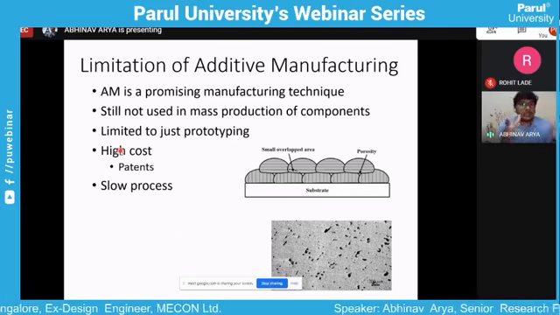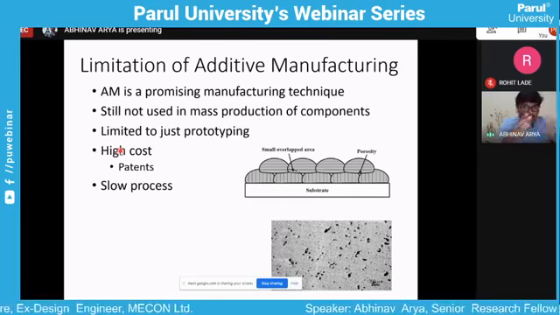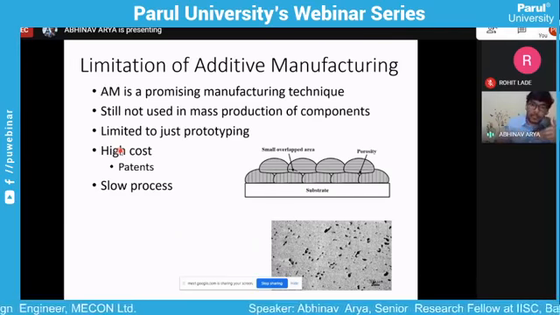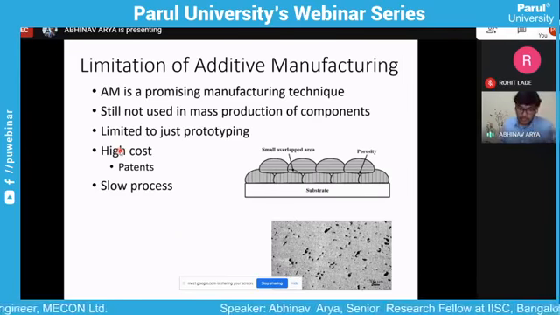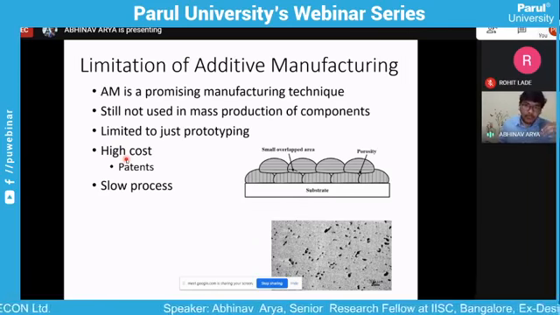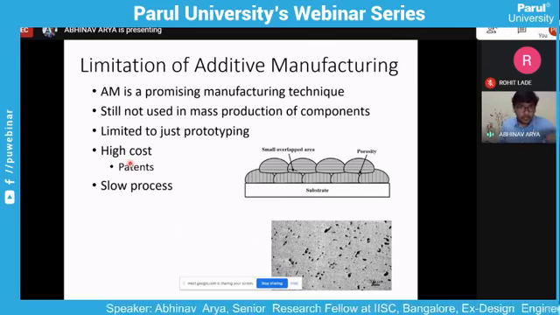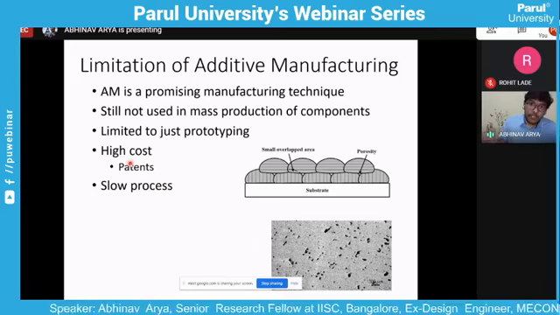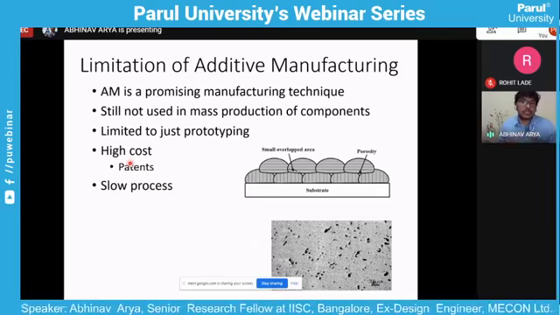if you make a certain initial investment, then you can repeatedly mass produce your component again and again. But here, you are again and again making the same component, essentially welding kilometers of powder into a single shape.